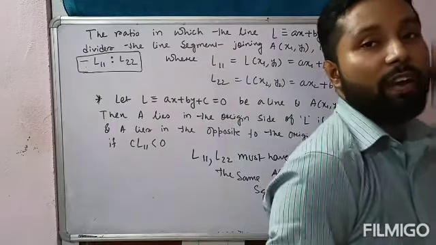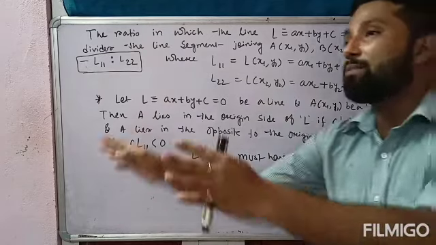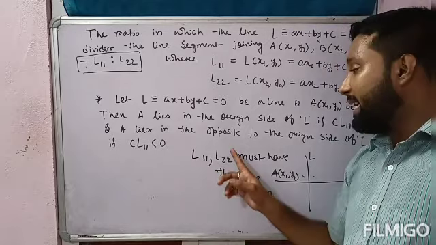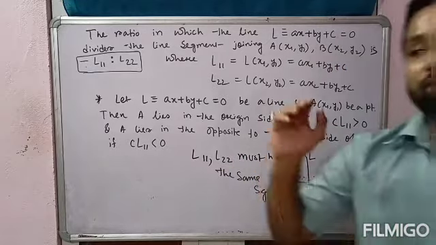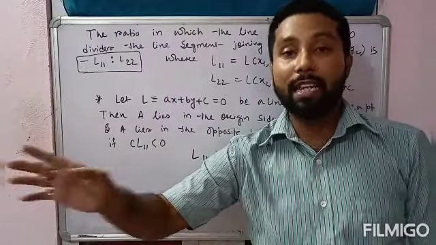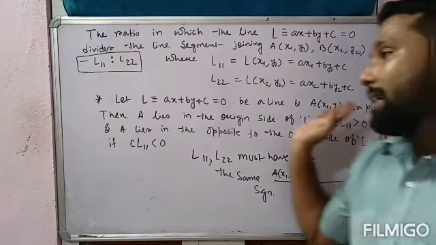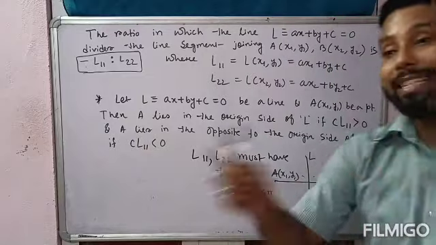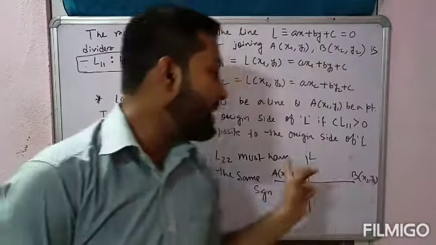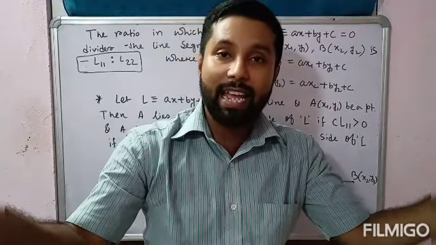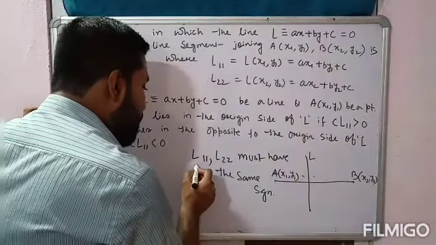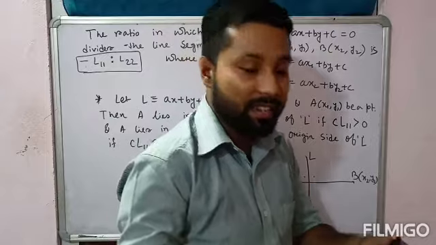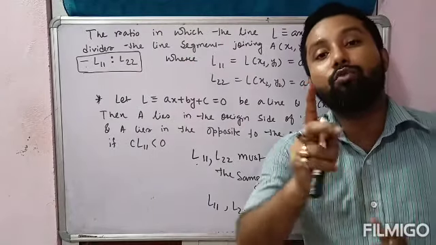So how can we identify whether the 2 points lie on the same side or not? If the sign of L11 and L22 are same, प्लस होने से दोनों प्लस होना चाहिए, माइनस होने से दोनों नेगेटिव होना चाहिए, then only we can say that the 2 points lie on the same side of the line L. Okay, but if the points A and B lie on the opposite side of line L, then L11 and L22 must have the opposite sign. अगर L11 का वैल्यू नेगेटिव आया तो L22 must be positive.